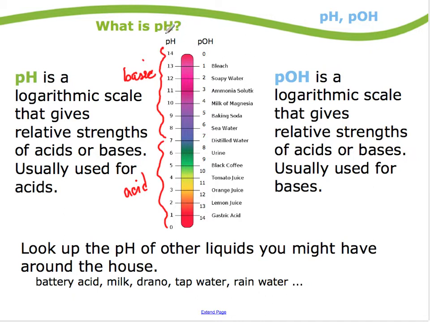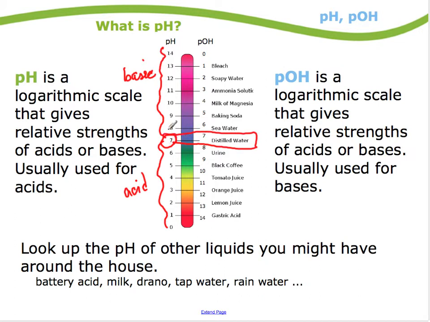Okay, so the pH of a solution refers to its acidity. A pH as close to 0 as you can get is a very strong acid. As the pH increases to 7, 7 would be something that's very neutral, like distilled water.